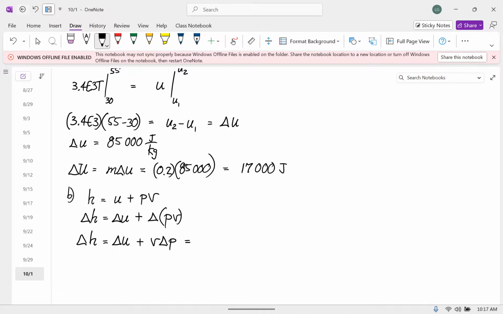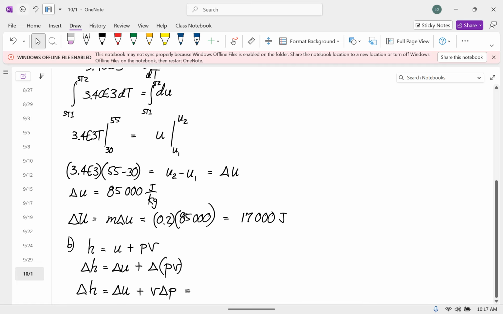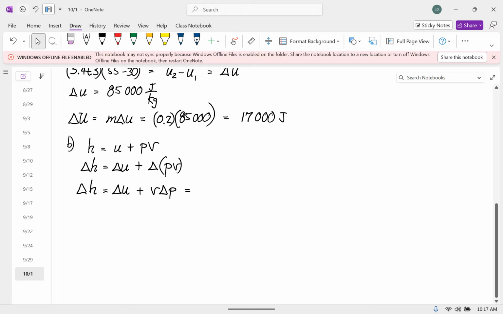So now we can write this as, we already figured out that the specific internal energy is 85,000.